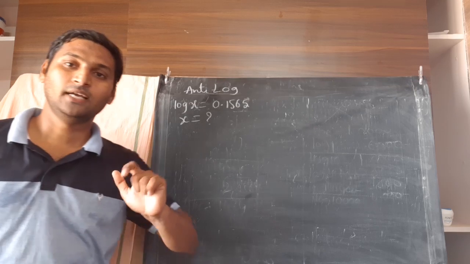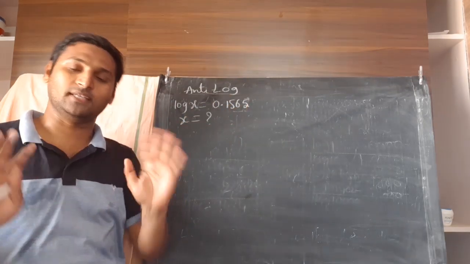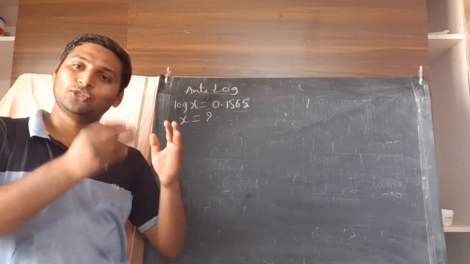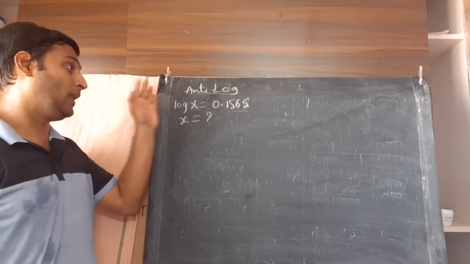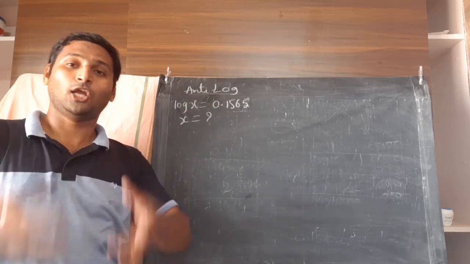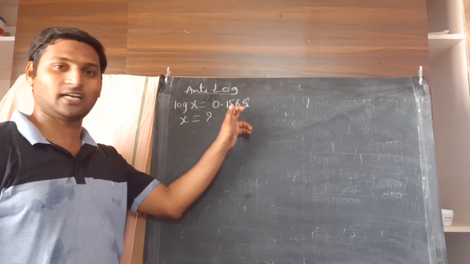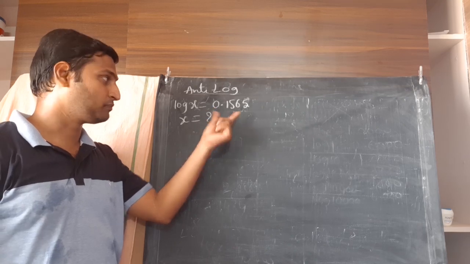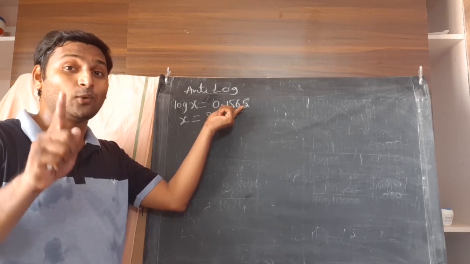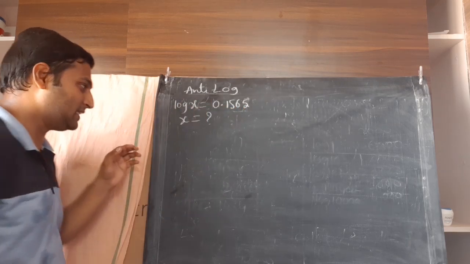One is, log of x value always contains characteristic and mantissa. Just now I told you. So for x, when we took log, we got characteristic and mantissa. Likewise, when log x is given to you in the problem or you obtained some value for log x, you will have characteristic and mantissa. Now you observe here. Characteristic is how much? 0. Mantissa is how much? 0.1565.